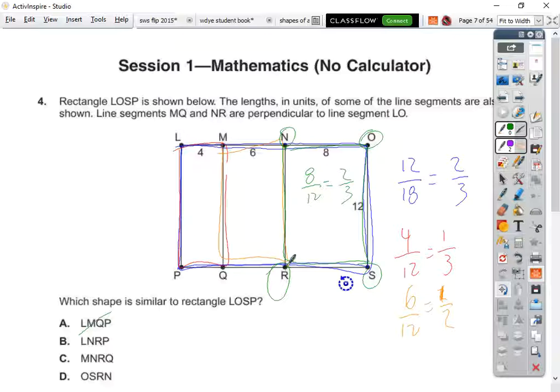This one, now we haven't tried that one, so this is 10 over 12. That's 5 over 6. That does not work. MNRQ, we've disproven that one. OSRN. Right, yeah, there we go. So that's the one right there. The answer is D.